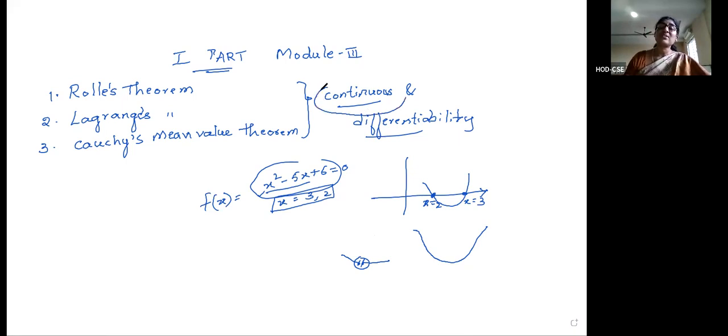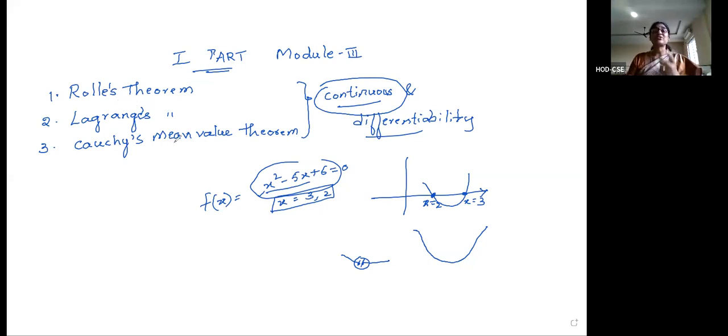So whenever you refer to the mean value theorems, these are all the three mean value theorems, the first thing we have to see is whether the function has eligibility for these theorems or not. What do you mean by eligibility? It should satisfy some conditions in order to apply these theorems.